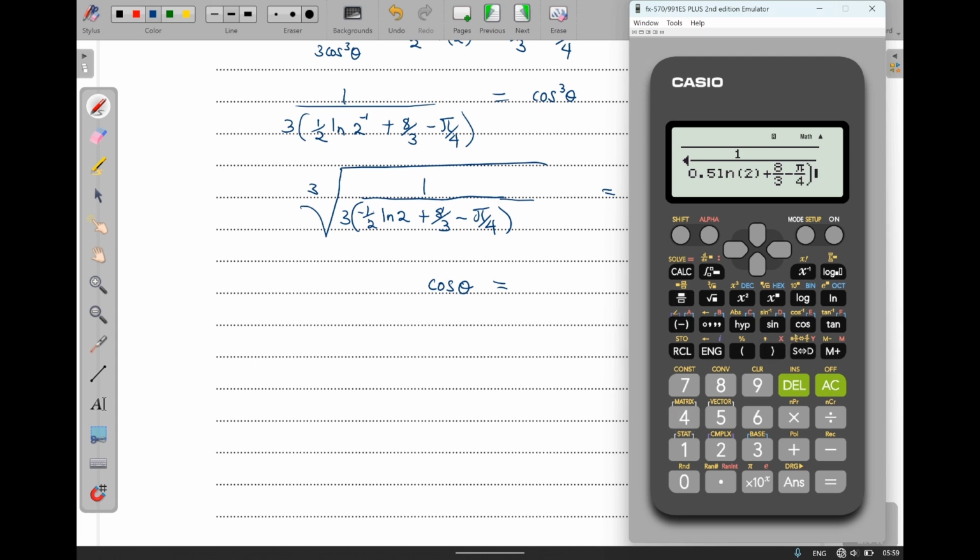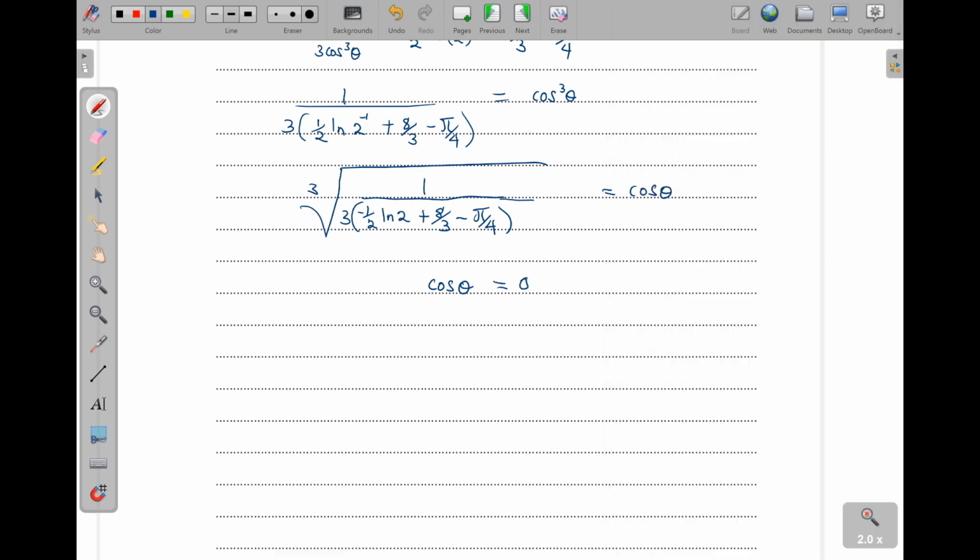Then we close the brackets. And then this one will give us 0.601 to 3 significant figures.